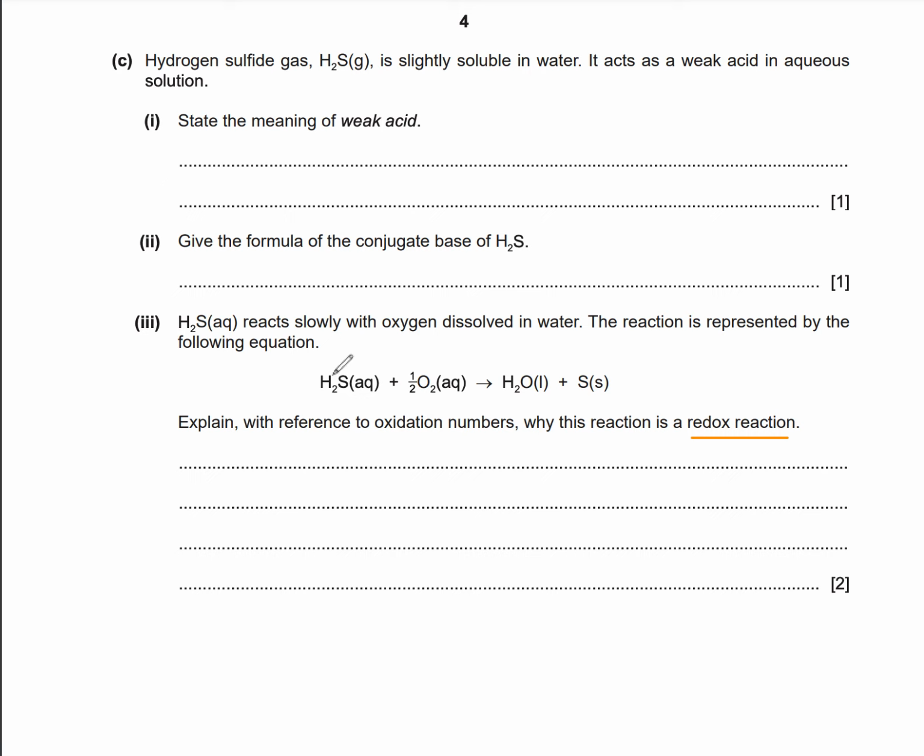Whenever hydrogen is bonded covalently, it will always have a charge of +1, and we can find out the charge on sulfur, which would be -2. Why? Because if we look at H2S, this is a neutral compound.